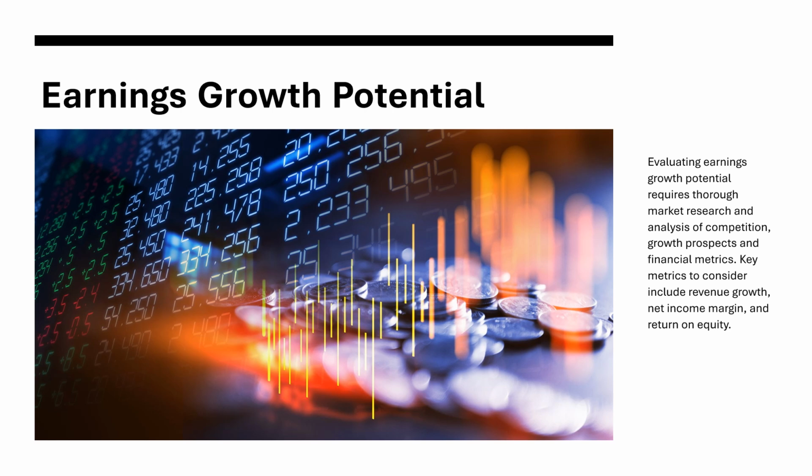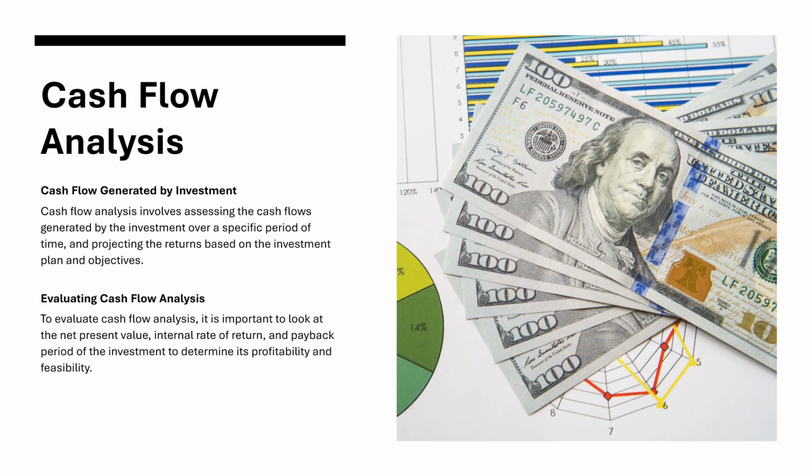Earnings growth potential. Evaluating earnings growth potential requires thorough market research and analysis of competition, growth prospects, and financial metrics. Key metrics to consider include revenue growth, net income margin, and return on equity. Cash flow analysis. Cash flow generated by investment.